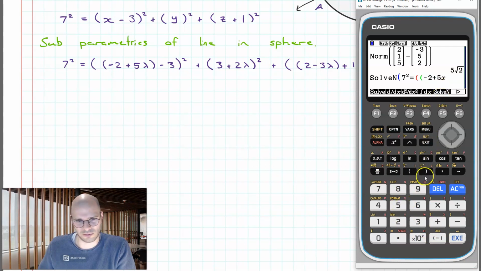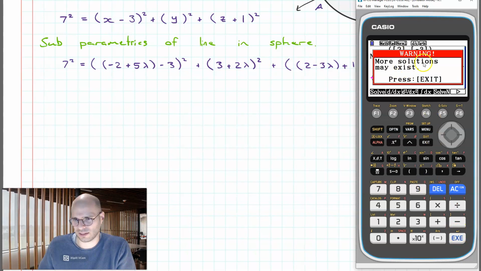Place x in place of lambda. And then I tell it to solve for x.